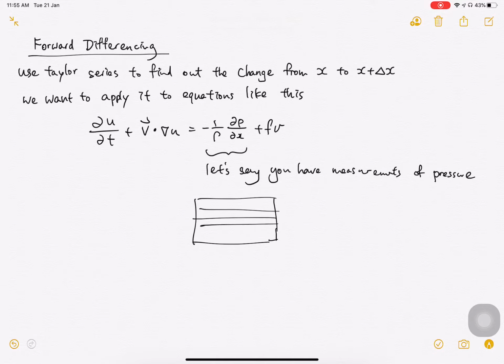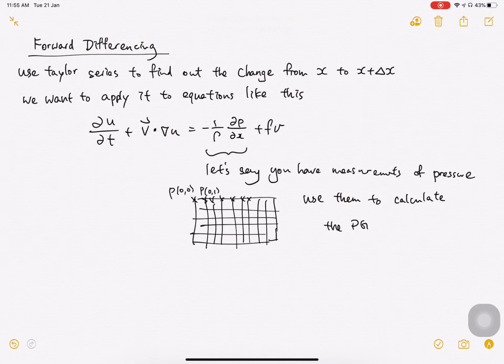For example, this is your map, this is your grids in different locations, and you have the value of P at different locations in here, P00 and then P01 like this. And then we want to use them to calculate the pressure gradient force.